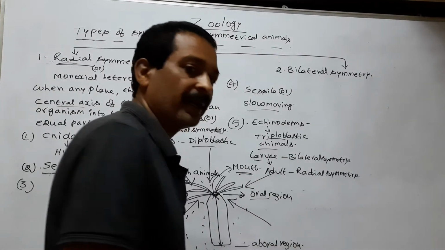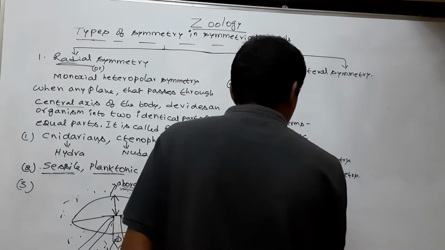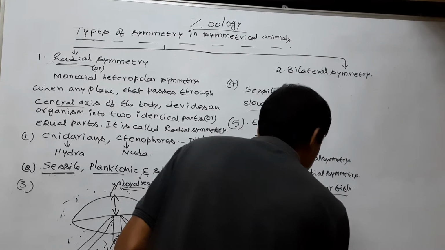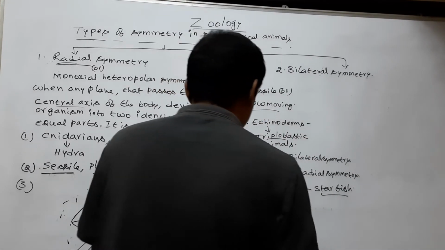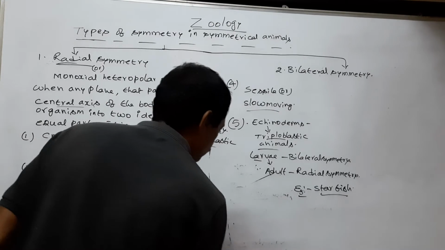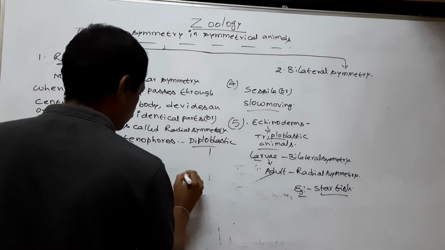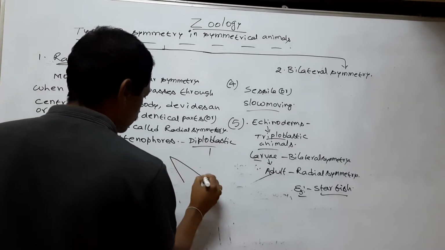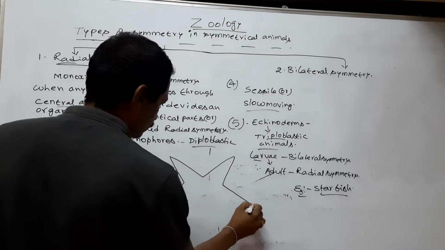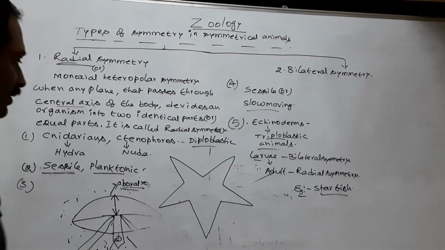The adult echinoderms develop arms. Example, starfish. This is a starfish.